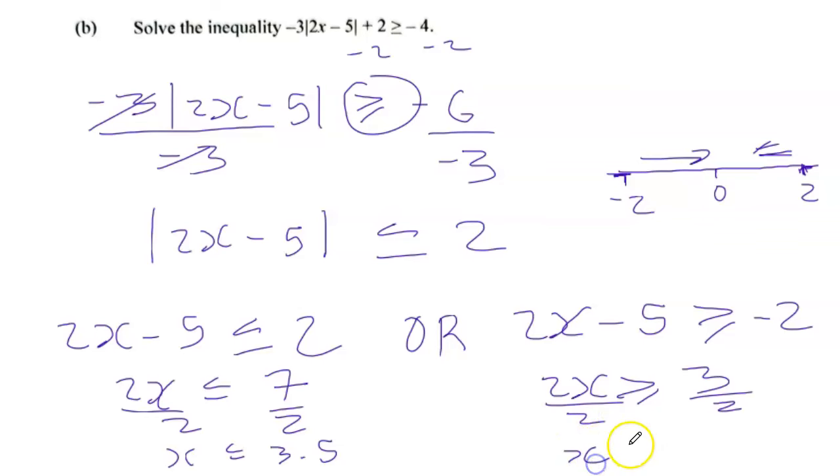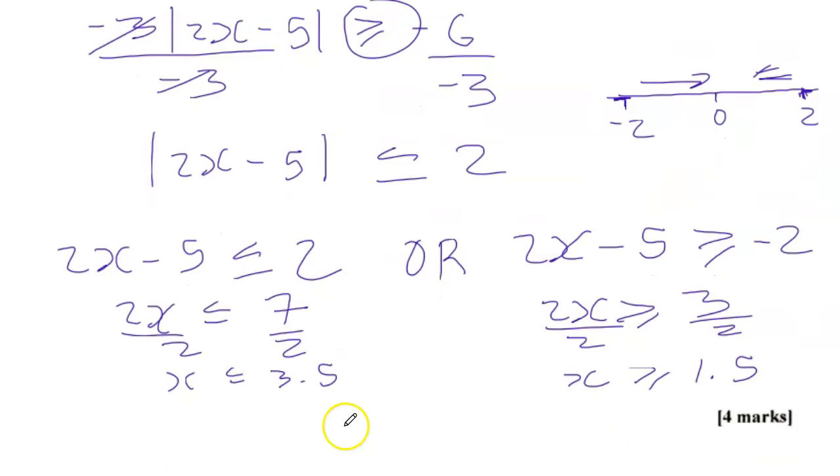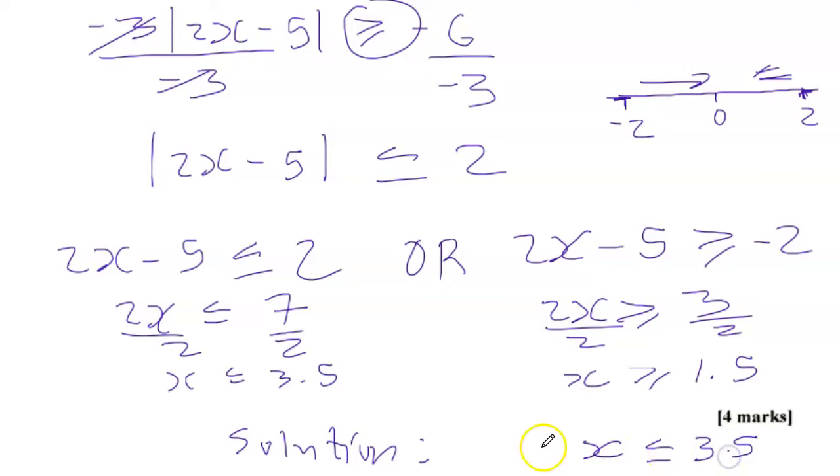So x is greater than or equal to 1.5. And of course, we can combine both inequalities. So the solution, let's put both of them together. X is less than or equal to 3.5 but at the same time it's greater than or equal to 1.5. So that's our solution.